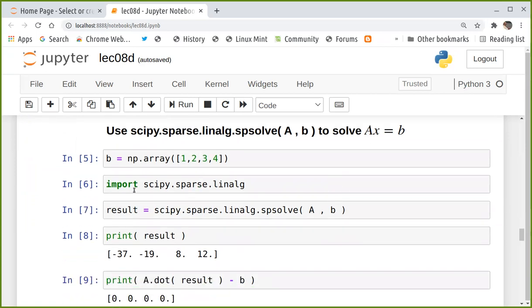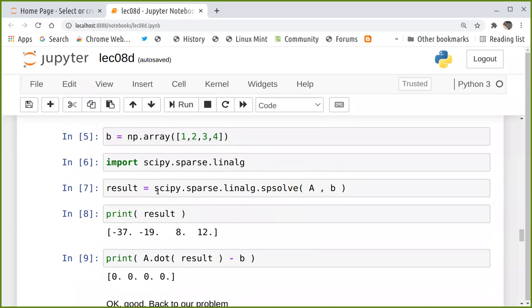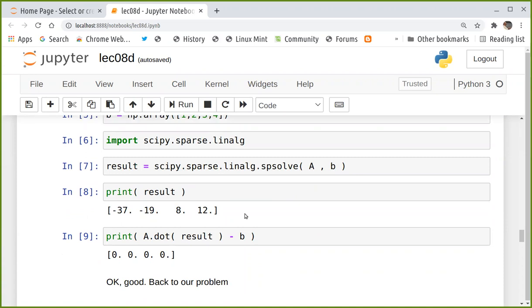And now what we're going to do is import scipy.sparse.linalg. That contains the solvers for doing linear algebra problems. So the result is given by scipy.sparse.linalg, using the method spsolve. It's a sparse solver for the system AX equals B. Specify A and B, so we give it A and we give it B, and then we get the result, and we print the result.